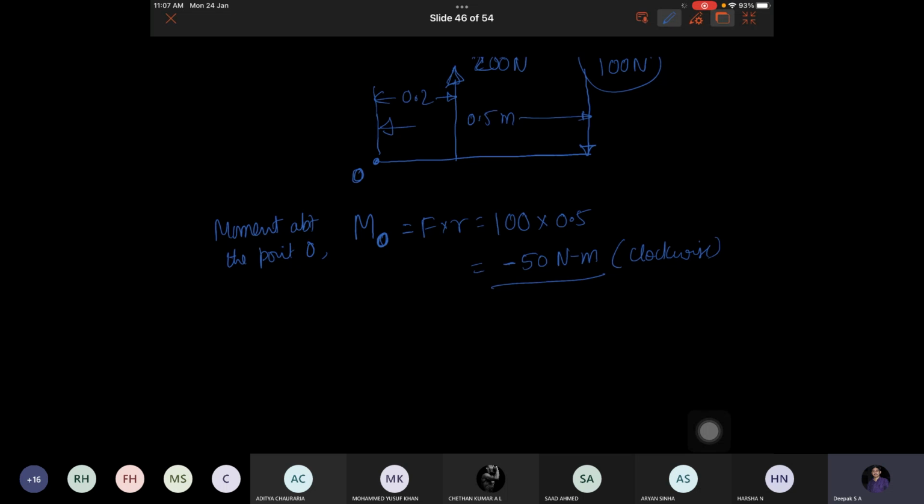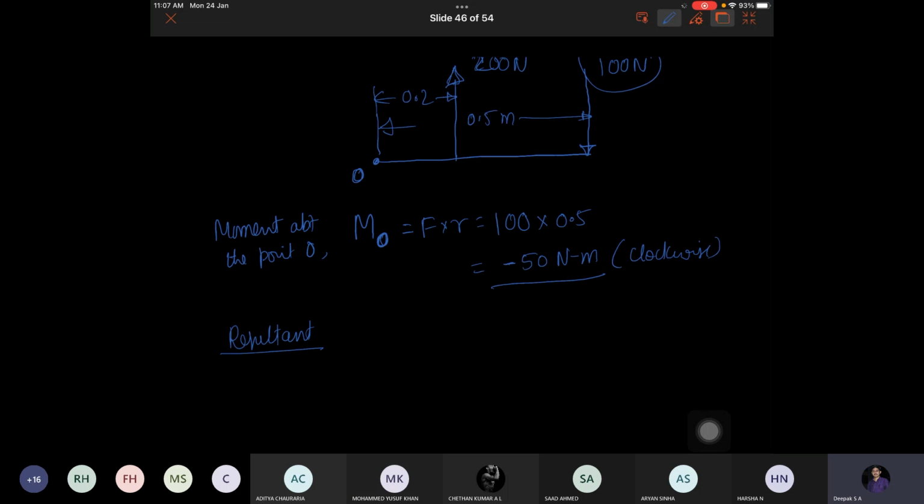See, the word resultant will come only when there is more than one force. Then only resultant will come. Correct or not? Yes or no? Minus 10 Newton meter.